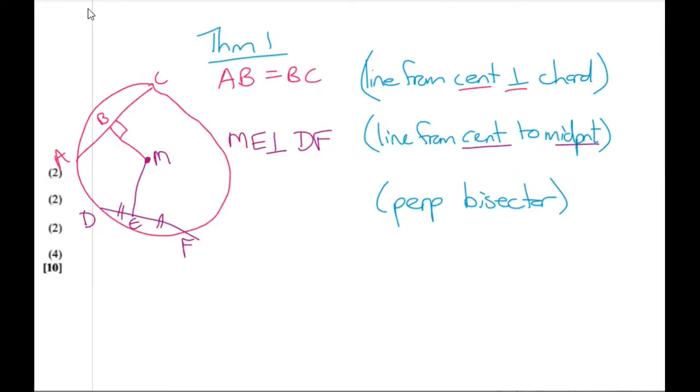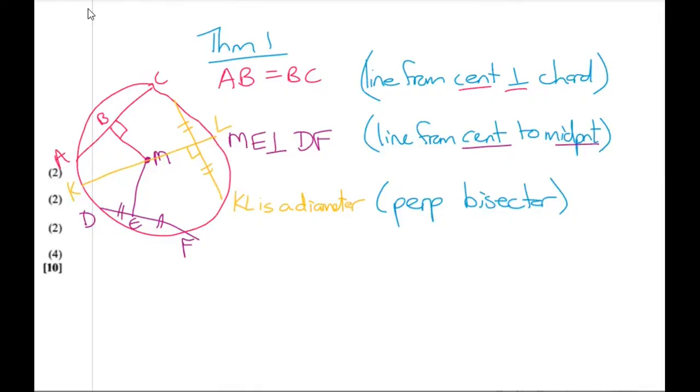Okay, the last one, I don't know where my center is. I've just got a random line going through my circle, but I know that it's cutting a chord in half and that it's perpendicular. KL, we'll call it. So here your statement would be something like KL is a diameter. And you're going to realize why it's so useful to know when you've got a diameter later when we do more theorems.